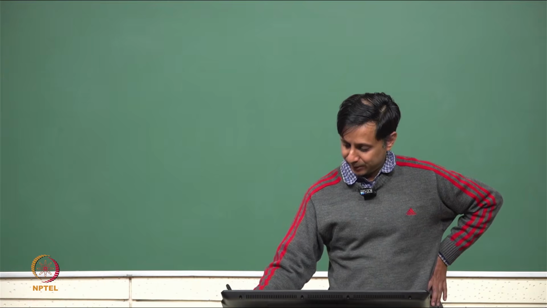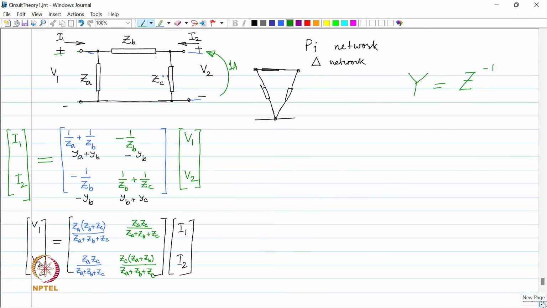much feared star delta conversion is coming up, and our statement is that if I purchase two networks, network 1 and network 2, two 2-port networks, I do not know what is inside the networks.